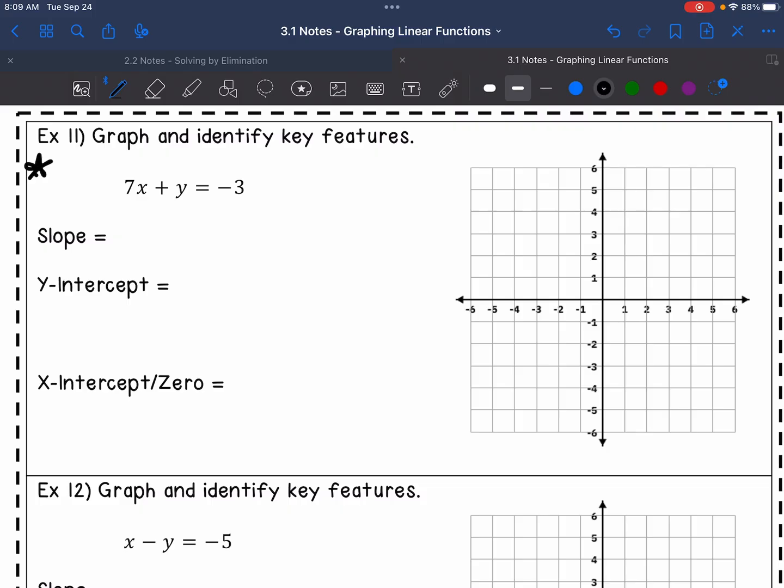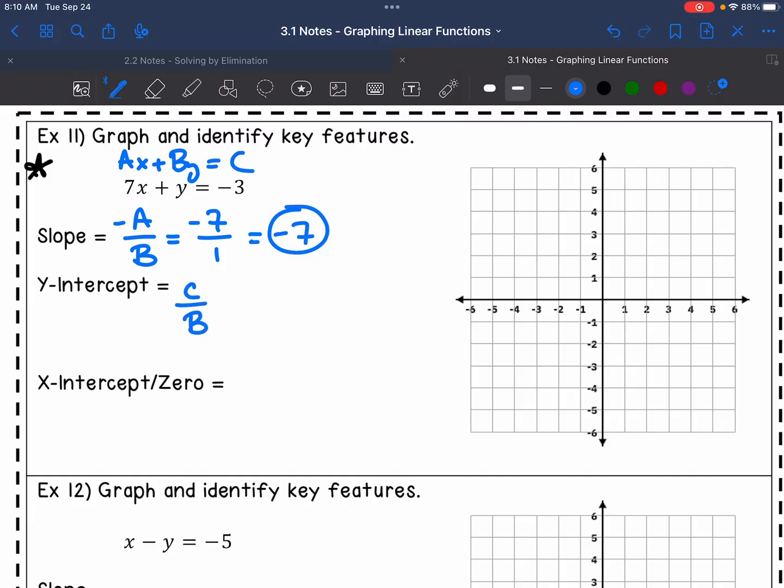All right, so on example 11, we've got ax plus by equals c. So our slope, remember, is negative a over b. So this will be negative 7 over 1, which is negative 7 for our slope. Our y-intercept is c over b.